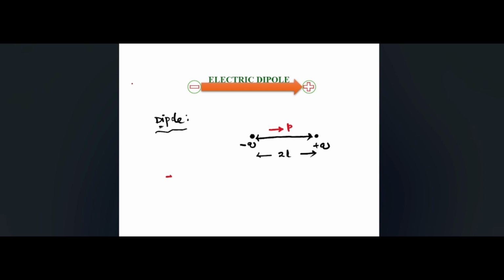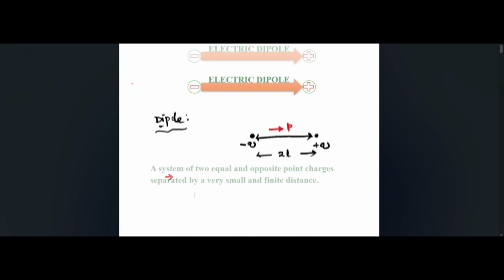So an electric dipole is nothing but a system of two equal and opposite point charges separated by a very small, finite distance.